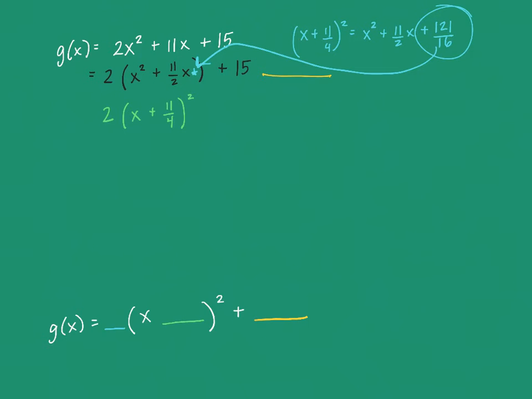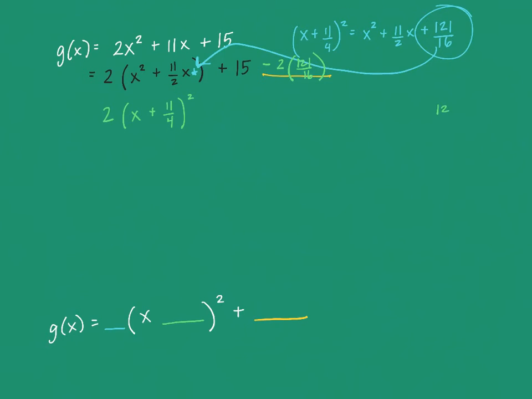But there's even another piece to this, because I'm not just actually adding 121 over 16. Because it's within that parentheses, and that entire parentheses is being multiplied by this 2 out here, then the number I really need to subtract from that 15 is really minus 2 times 121 over 16.